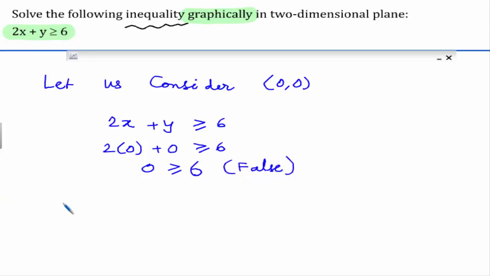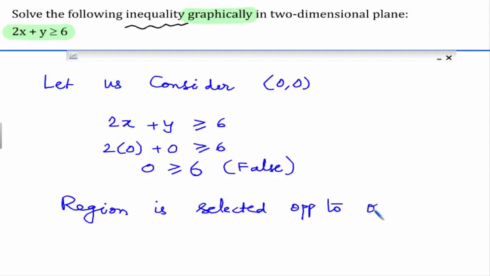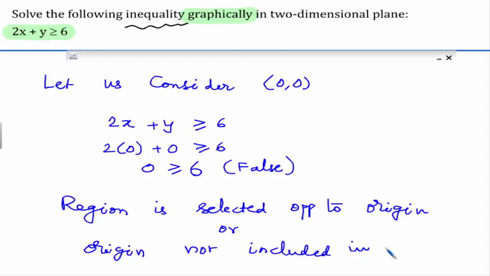That means the region which we need to select is opposite to origin, or we can also say the origin is not included in the region.